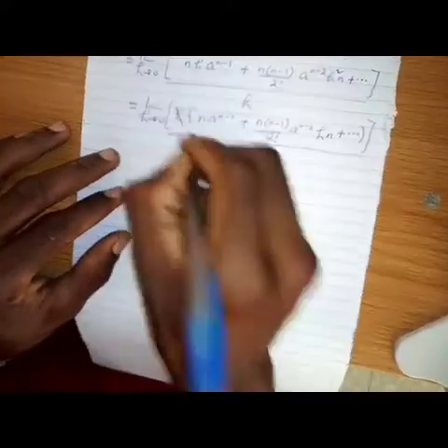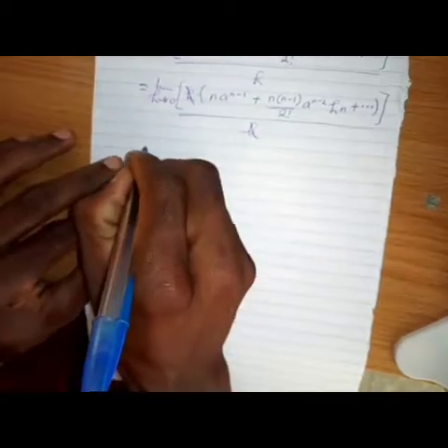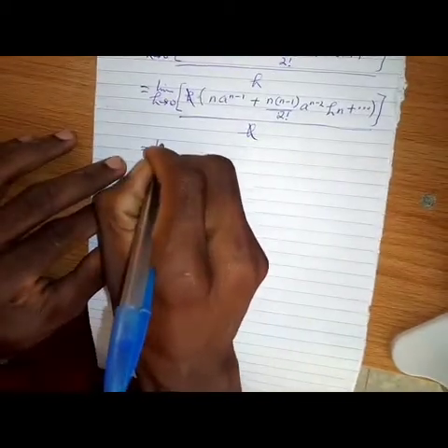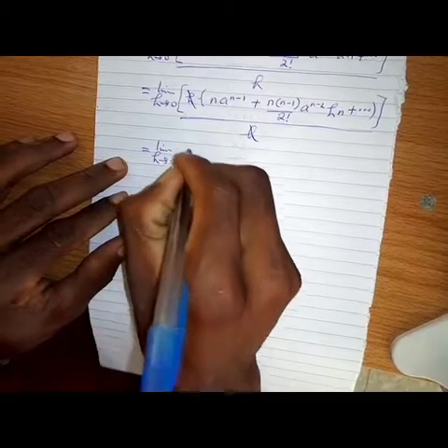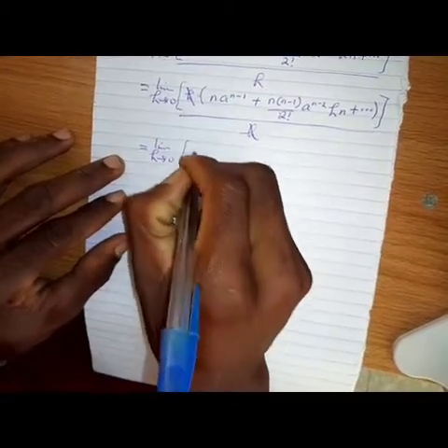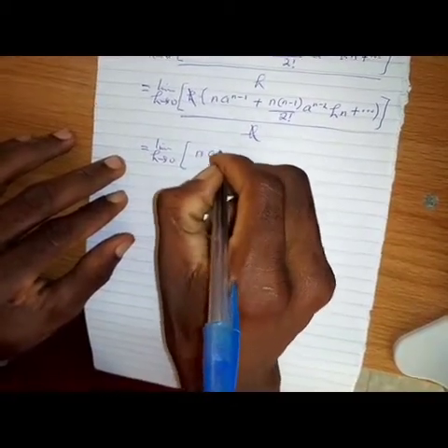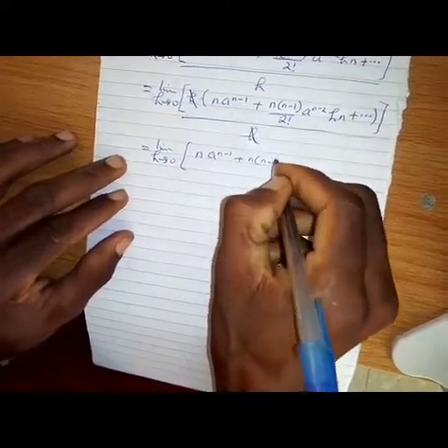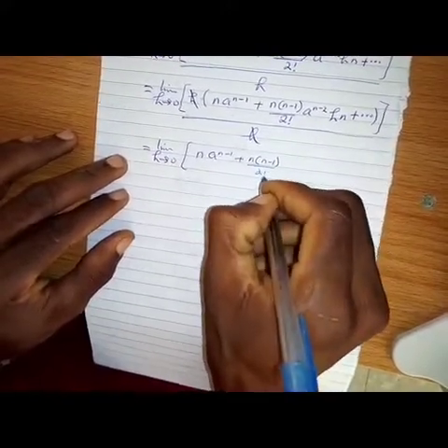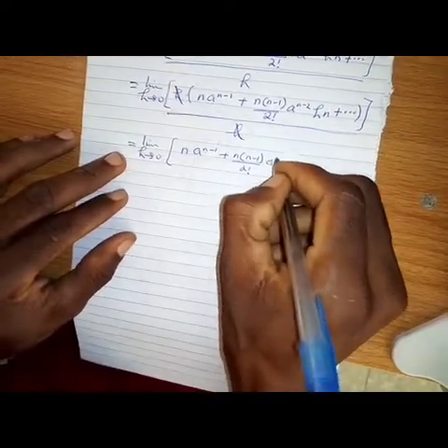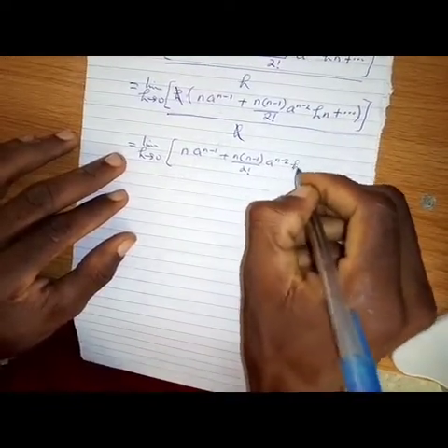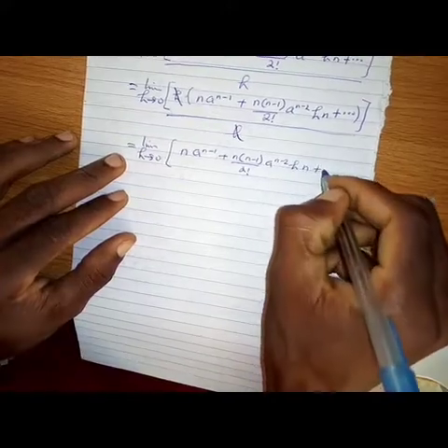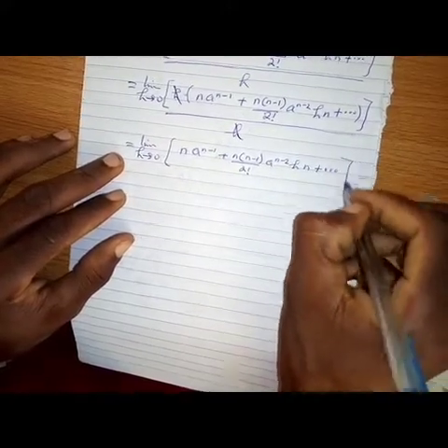So the h will now cancel this. It is equal to the limit as h tends to 0 of n a to the power of n minus 1 plus n into n minus 1 divided by 2 factorial a to the power of n minus 2 h, plus and so on.